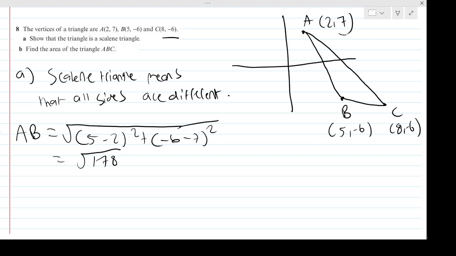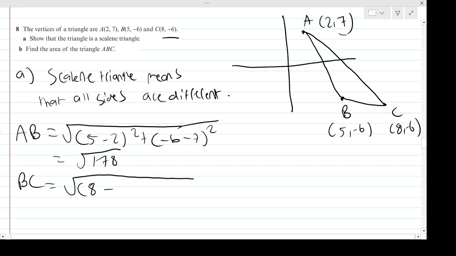Then what other sides have we got to work with? Let's work out BC. Okay, so that would be looking at the distance of that side, that length, BC. Again, we're going to do the same thing. So square root of the change in x firstly. Let's take C as our first point. So 8, take away the other x value at 5, all squared.